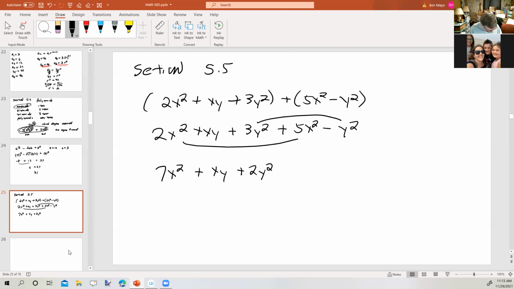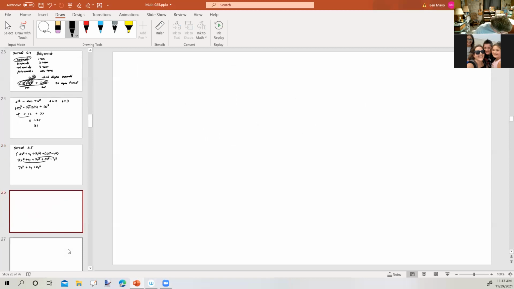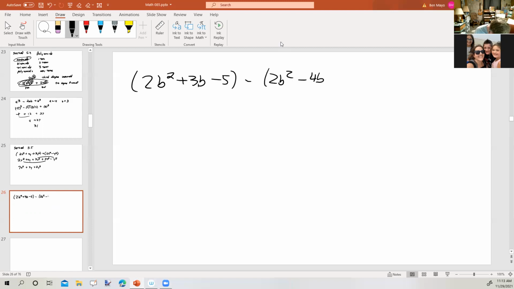Let's do a subtraction. So 2b squared plus 3b minus 5 minus the quantity 2b squared minus 4b minus 9. Now, again, nothing in front of a set of parentheses, we can drop the parentheses. A subtraction sign in front, we distribute the subtraction sign.